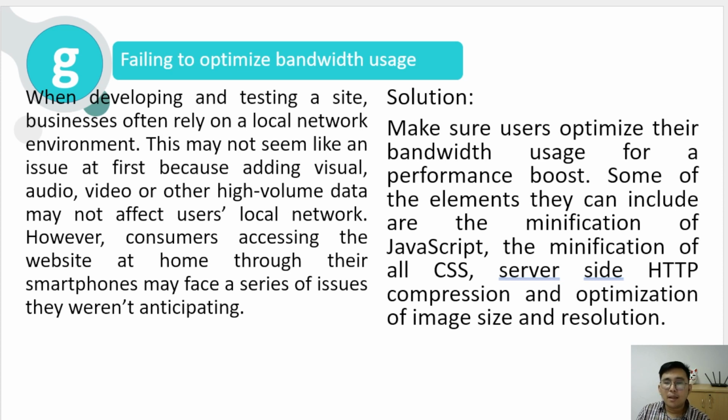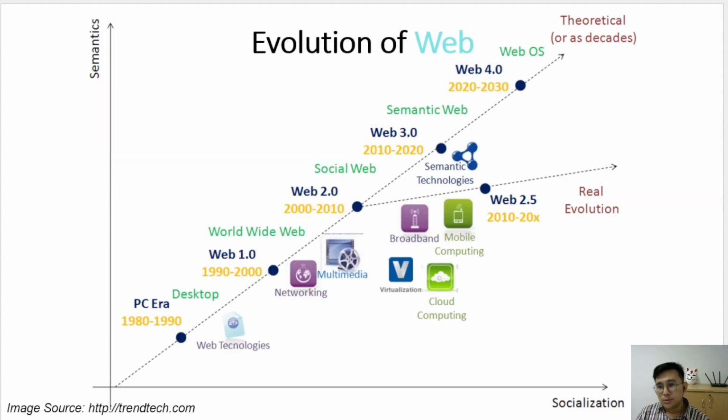Some of the elements it can include are the minification of JavaScript, where this is an extension as well, or we can use the minification of CSS, server-side HTTP compression and optimization, and also image size and resolution, to make sure that our users who access using smartphones, using limited resources, or even needing to pay more to access using mobile phone internet, wouldn't fall into this kind of issue.